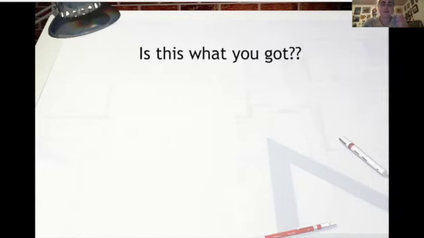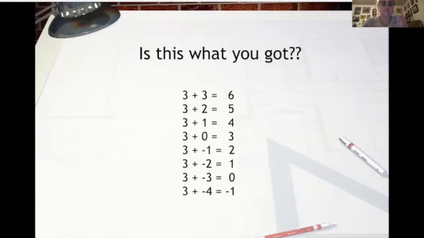All right, is this what you got? So 3 plus 3 equals 6, 3 plus 2 equals 5, 3 plus 1 equals 4, 3 plus 0 equals 3, 3 plus -1 equals 2, 3 plus -2 equals 1, 3 plus -3 equals 0, 3 plus -4 equals -1.